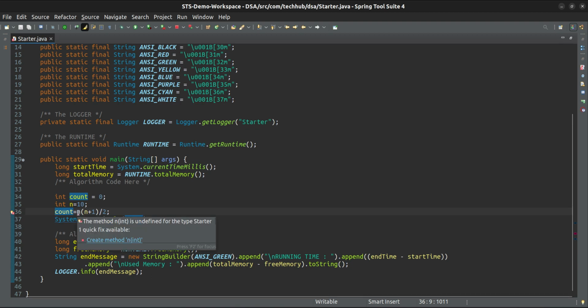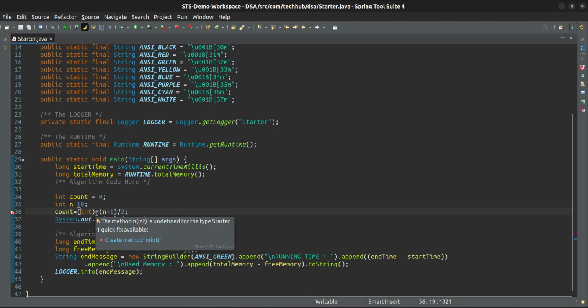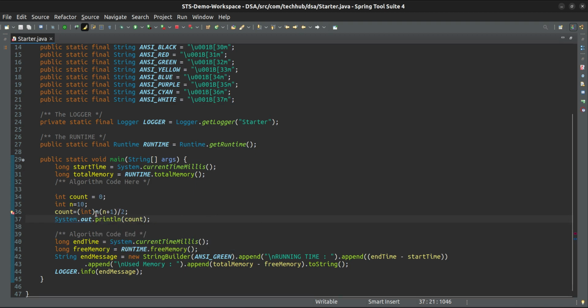Okay, what is this one? Okay, fine. So you can typecast to int. Sorry, that is okay. It should be n into n plus 1 divided by 2. Same only, the result will be the same, 55.